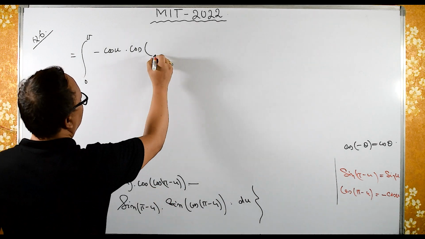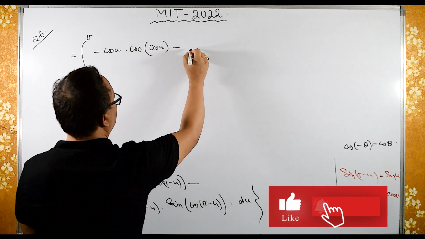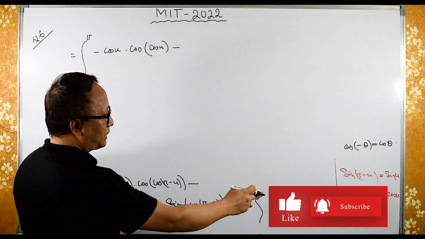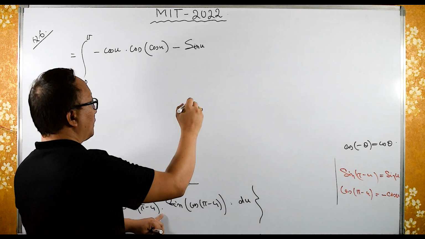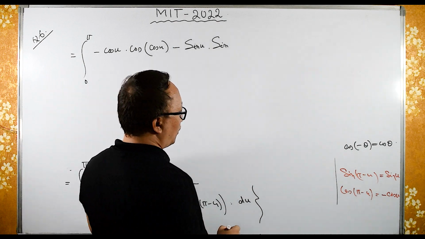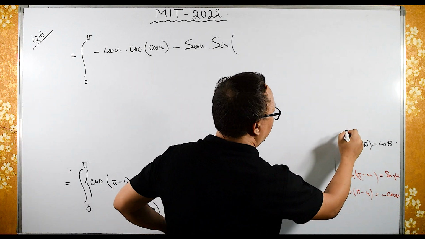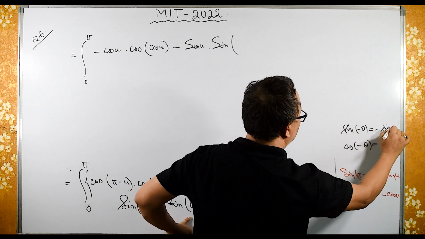Therefore cos of u minus sin of pi minus u, which is sin u, into sin of cos of pi minus u. But we have sin of minus theta equals minus sin theta.